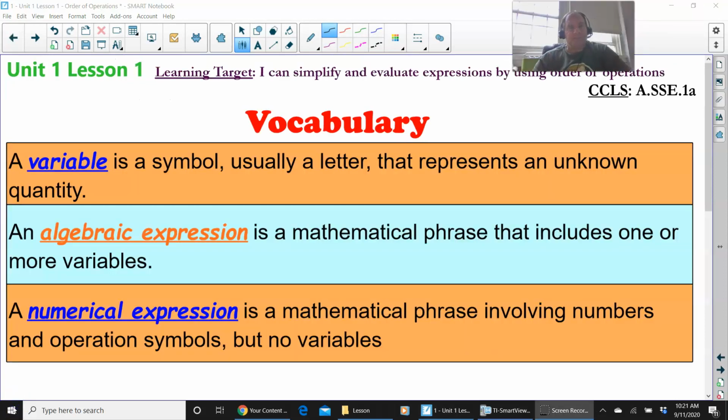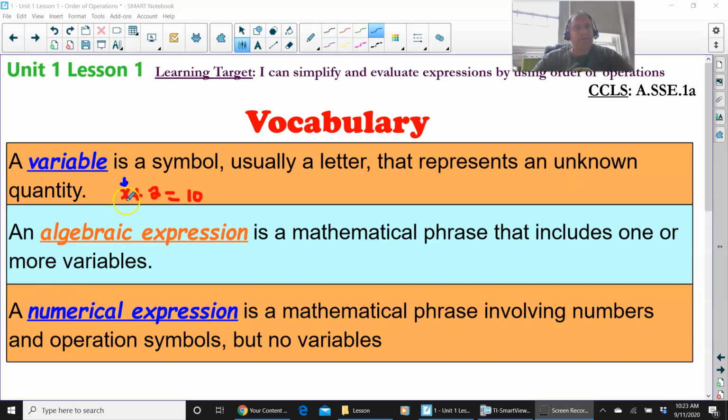So in this page right here, we're just going to go over a little bit of vocabulary for you. A variable is a symbol, usually a letter, that represents an unknown quantity. So like in any kind of equation, you're going to have some sort of variable, like x plus 2 equals 10.